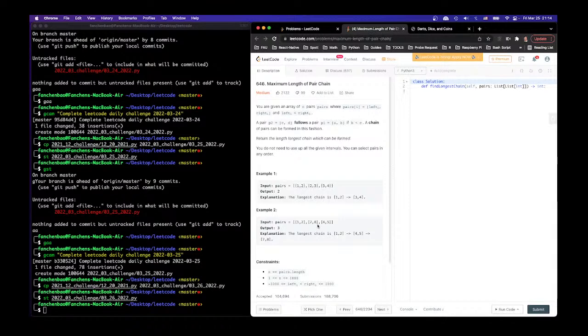If it's no good, we skip it; if we have one like this, then definitely we'll take it. So we just go one by one. It's like greedy again. Every single time we shall pick the chain with the smallest possible right value.